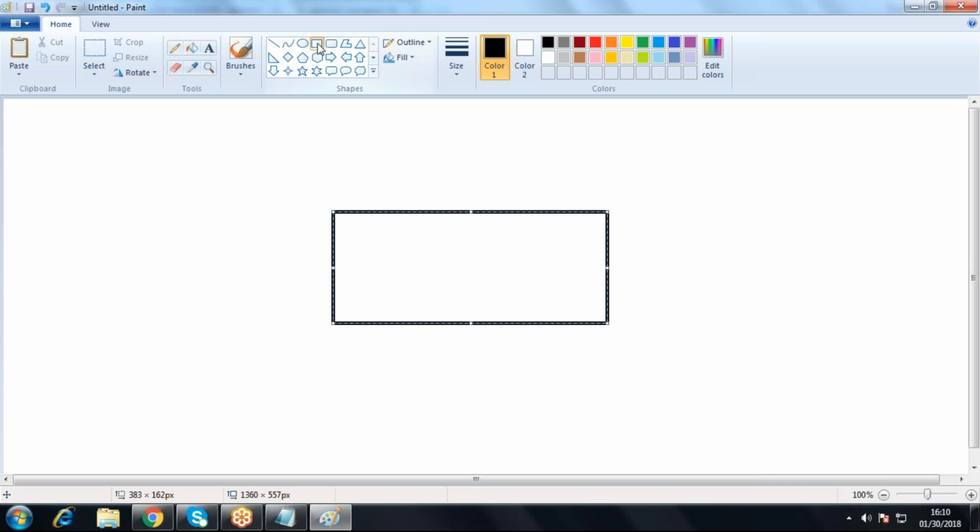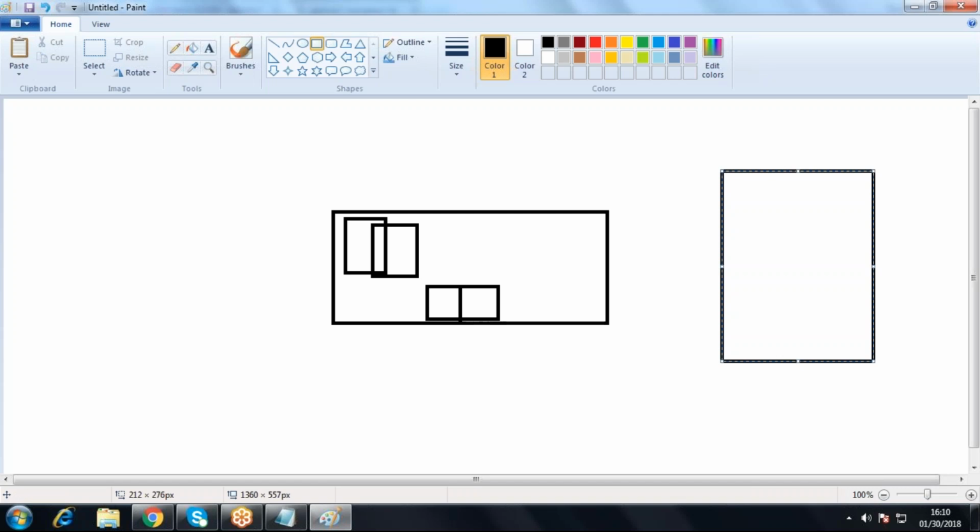On the table you have some files, and on the table you have some more files, and there is a file cabinet or shelf where I have some more files.